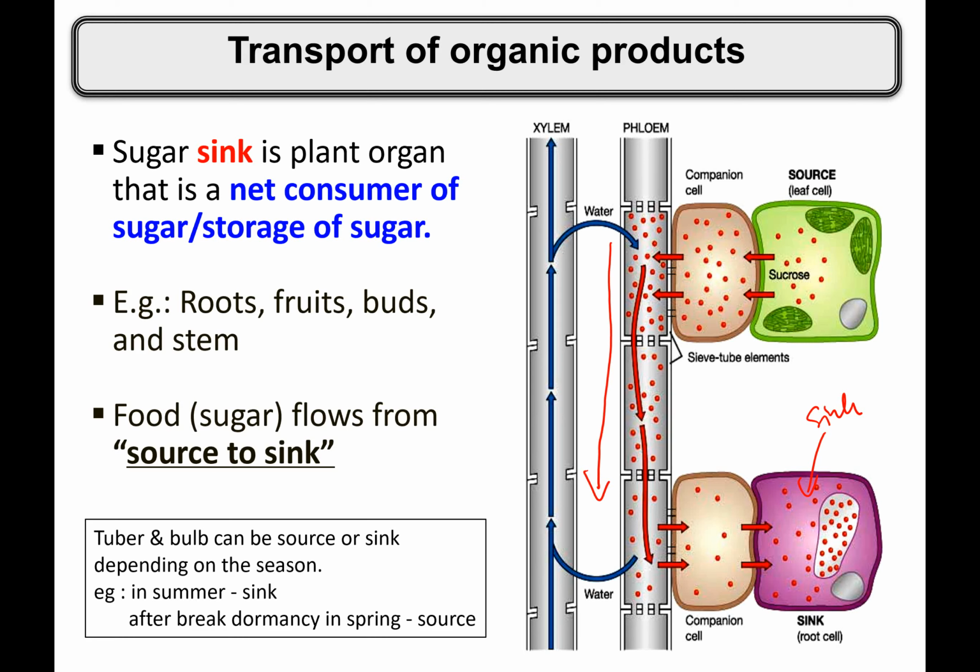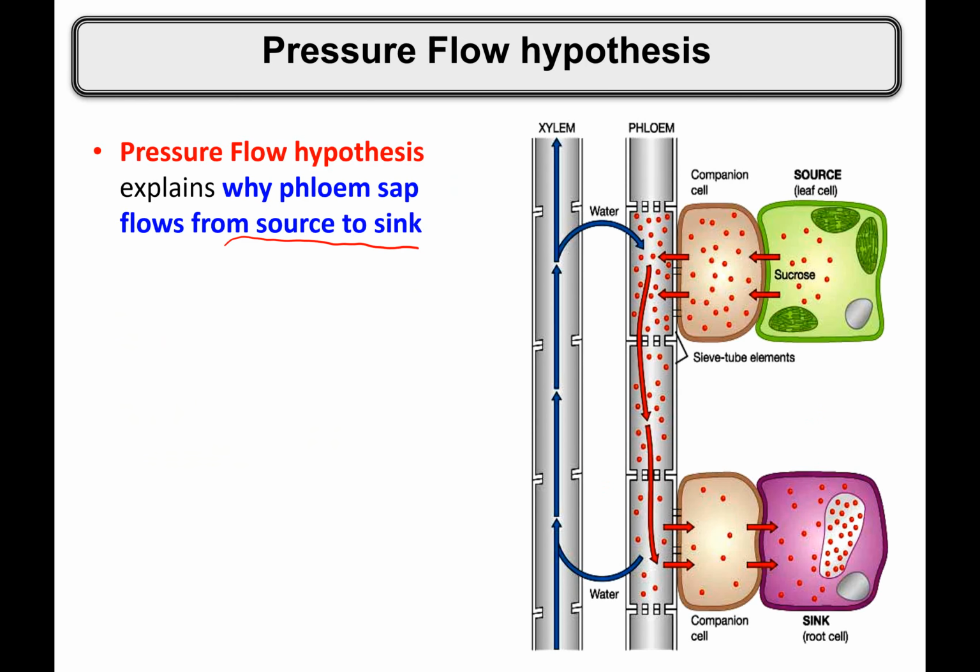Alright, we go to the next one. We go into detail about how the mechanism of the pressure flow hypothesis occurs in phloem. The pressure flow hypothesis explains why phloem sap flows from source to sink.